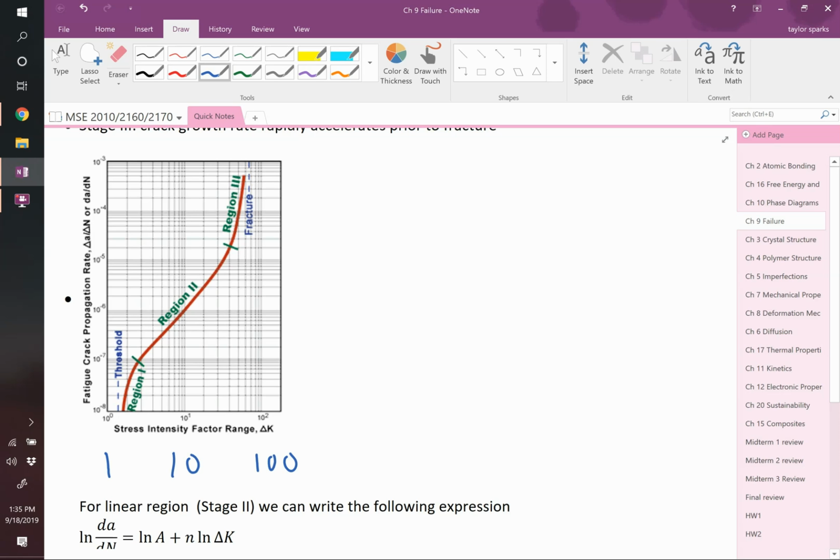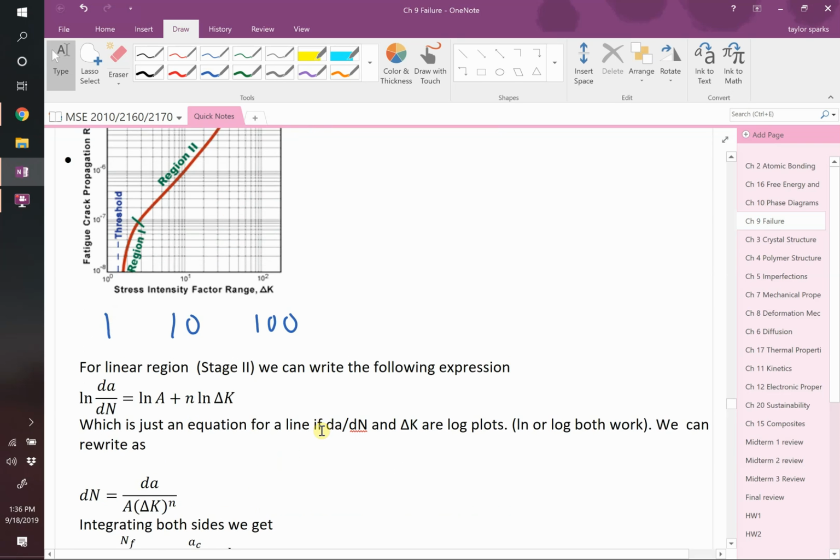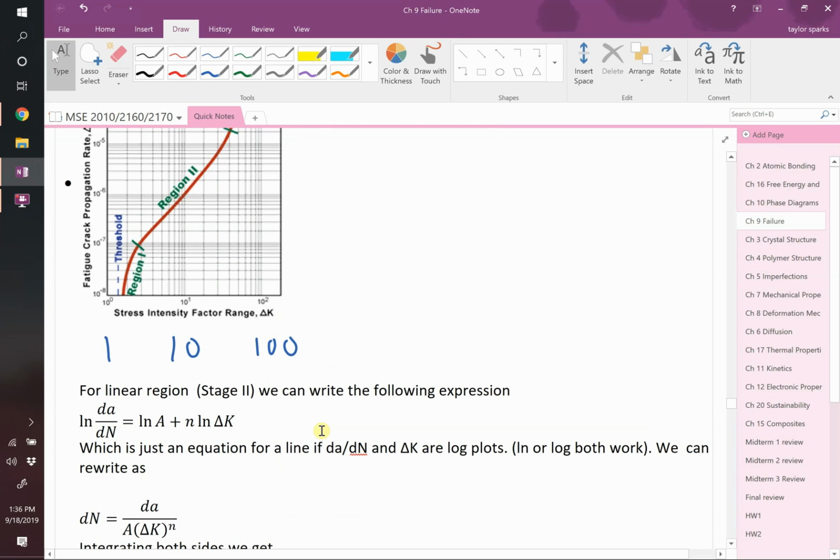By plotting it in this way, this looks linear. Why on earth does it look linear? Because we started out with this. We said we had dA/dN equals A delta K raised to the small n, okay?